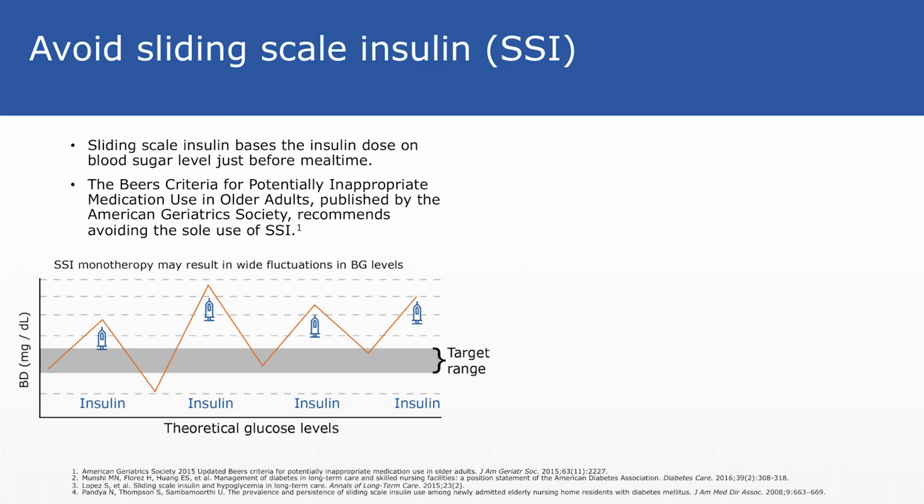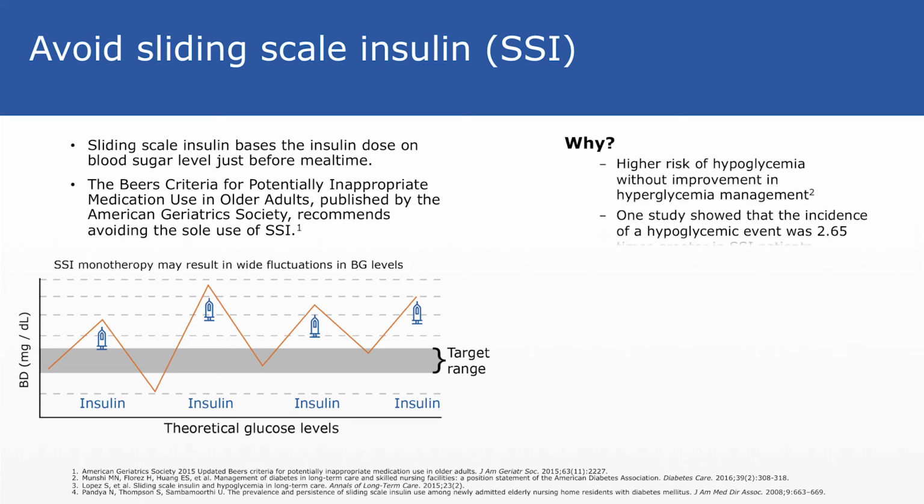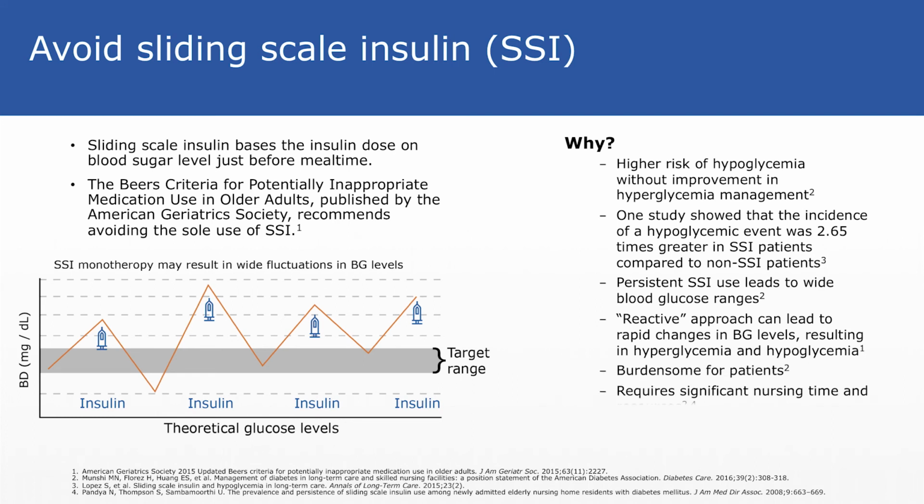The Beers criteria for potentially inappropriate medication use in adults recommends against the sole use of sliding scale for insulin. Reasons to avoid sliding scale insulin include a higher risk of hypoglycemia without improvement in hyperglycemia. A reactive approach can lead to rapid changes in blood glucose levels, resulting in hyperglycemia and hypoglycemia.